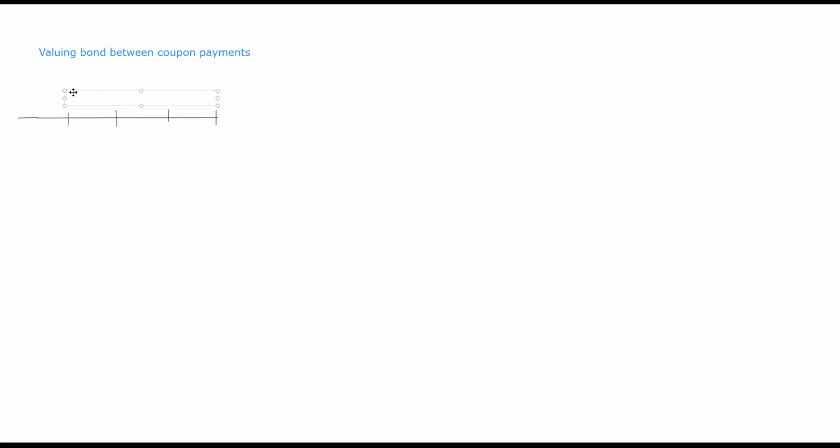Which means its time periods are like this: 0.5, here it will be 1, here it will be 1.5, and 2.